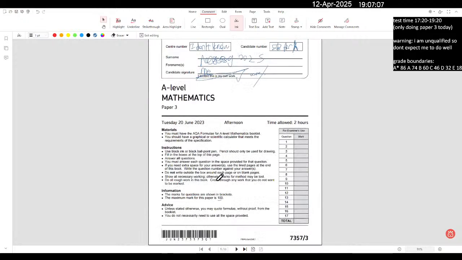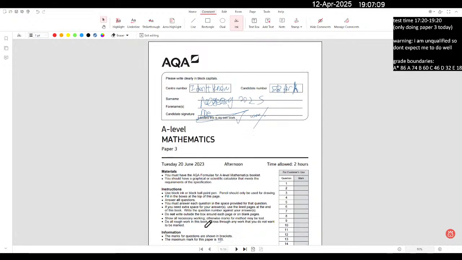I think I'm basically giving up at this point, so I'm just hoping that in total I could at least get a 58 out of 100, because if I get 58 out of 100, I'll get an A overall for the subject, considering my results from the other two papers. Paper one I got 65, paper two I got 78.